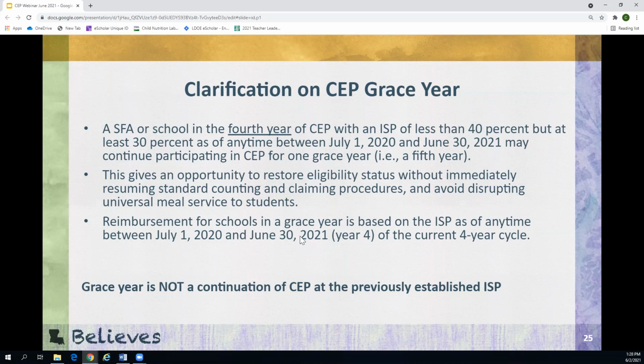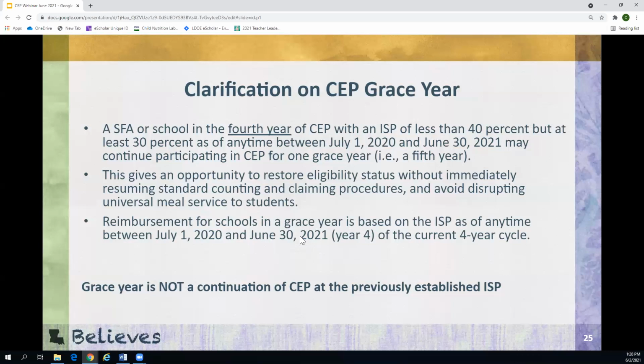Typically, I would not encourage a school system to operate a grace year because financially, it doesn't always make a lot of sense. If your percentage is 34% identified students, it would be very difficult to make that a financially viable decision if you had to claim such a high percentage at the paid rate. But if you are a school system that is choosing to operate the seamless summer option next school year, all the meals would be claimed at the free rate.